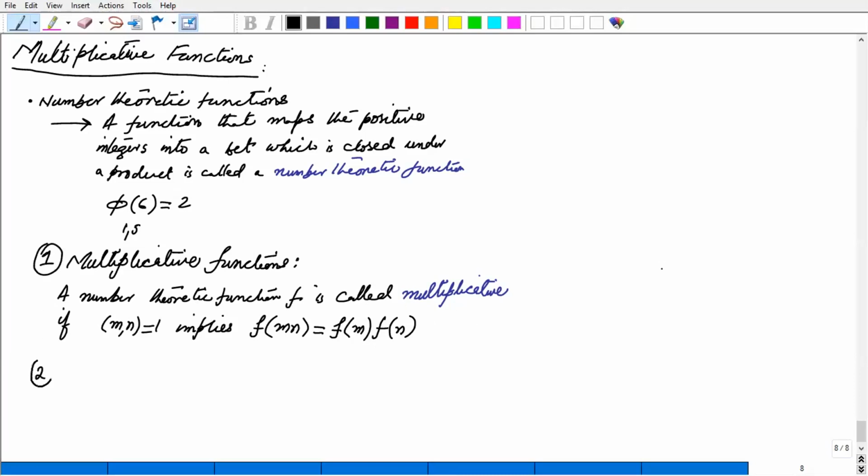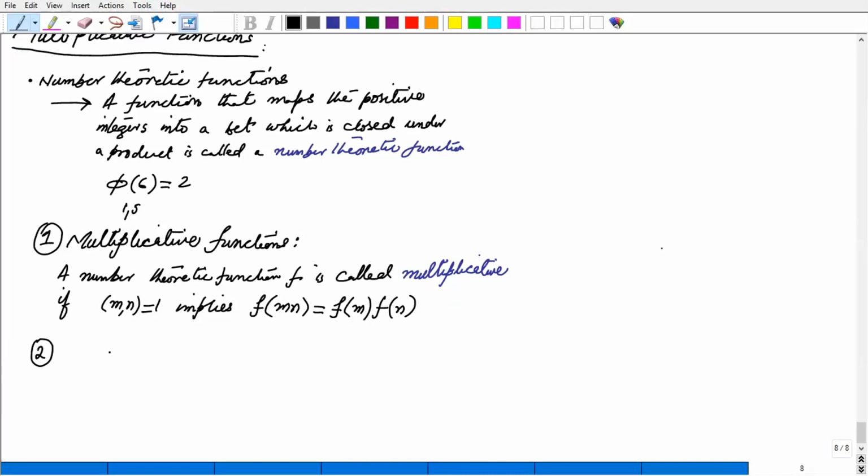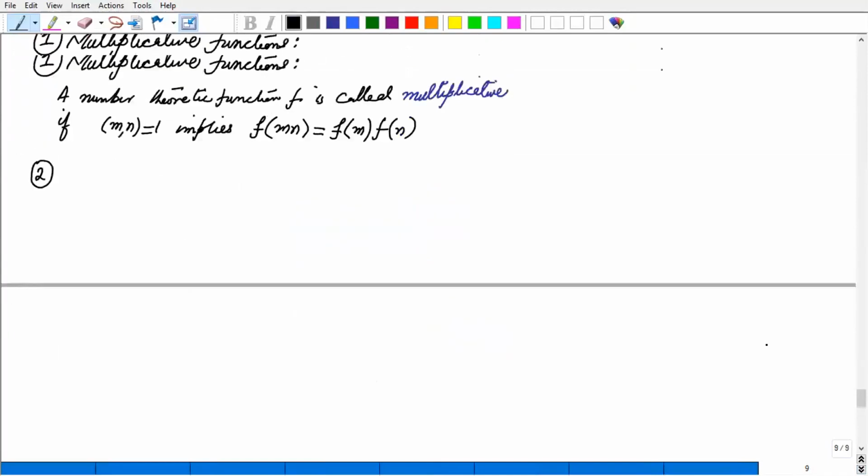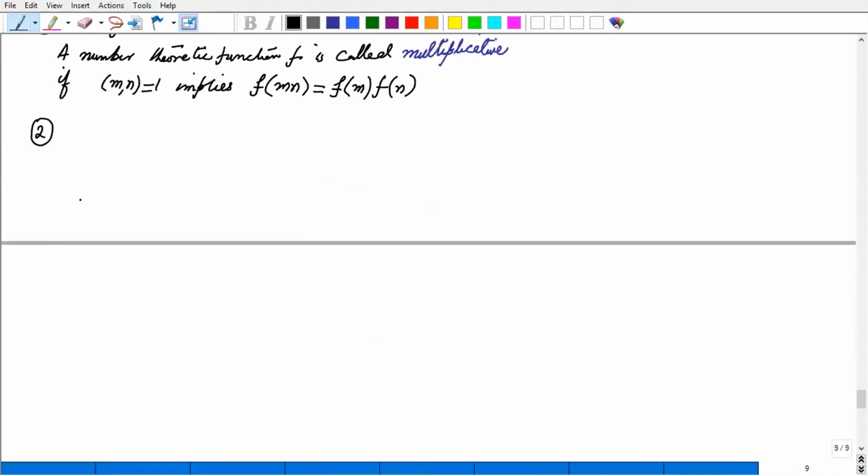The second type is completely multiplicative.